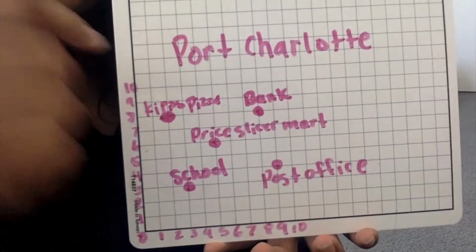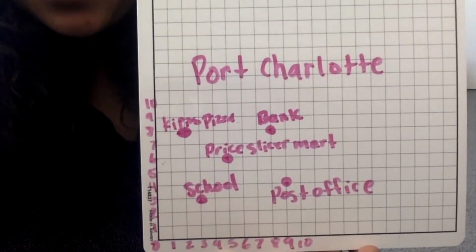So on Google Maps, there are streets that have names or streets that just have numbers, and it shows you a point and it labels like, oh, here's Walmart, oh, here's a school, so and so. Okay, so we're looking at that. So I drew one on here, so it's labeled Port Charlotte just like it is on your paper.